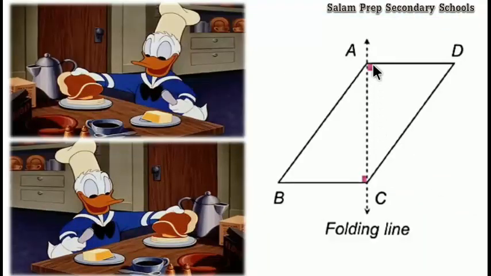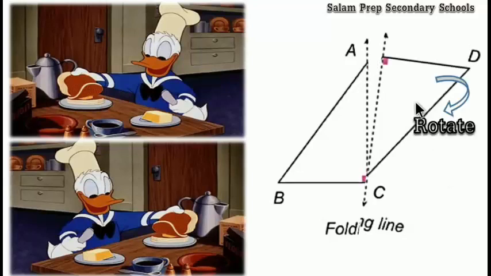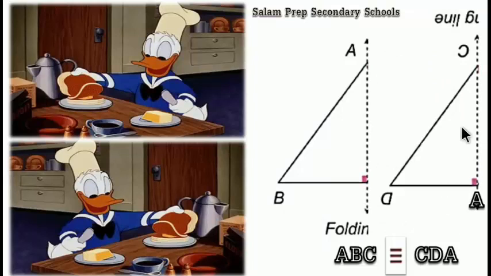This parallelogram A, B, C, D. This is the folding line. Now we will cut these two triangles like this. Rotate this triangle like this. Now we have two triangles.